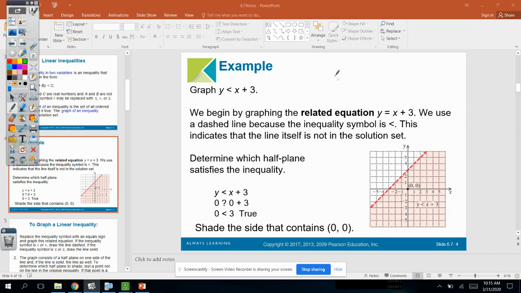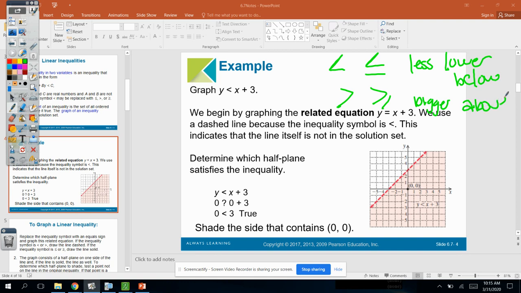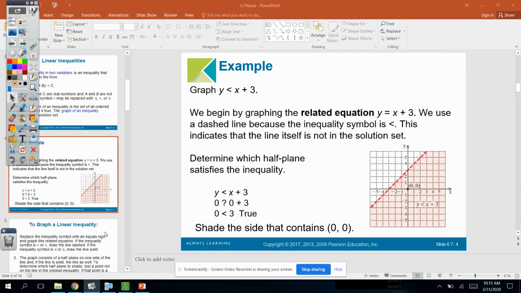The other thing you could do is you could remember that less than or less than or equal to means lower, which means below. So you would shade below the line. Greater than or equal to, greater, bigger, above the line. You could do that as well. Or the test point. Either way will work. So we're just going to do a couple examples and that'll be it.